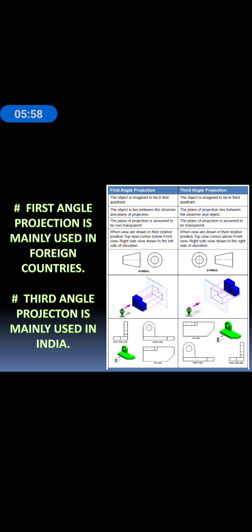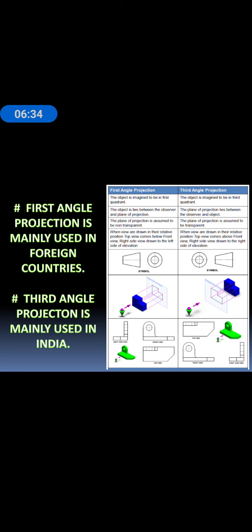In the first quadrant, basically the object lies above the HP, or you can say above the XY line, that is the front view, and below the XY line, that is the top view. In the third angle projection, it is different: the front view is below the XY line, and the top view is above the XY line.